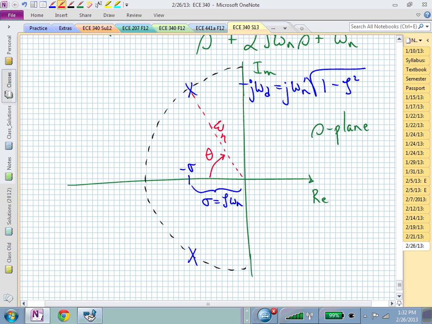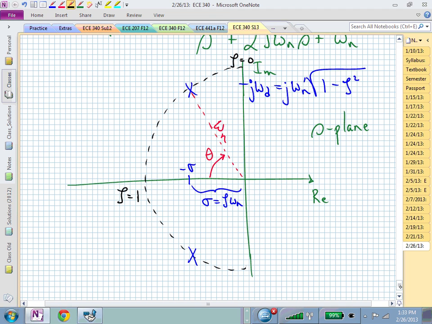If zeta is 0, this real part is going to shrink in here, isn't it? And we're going to be right on the imaginary axis. And our damped frequency will be the same as our natural frequency. When we get to this point right here, zeta equals 0. At this point zeta equals 1.